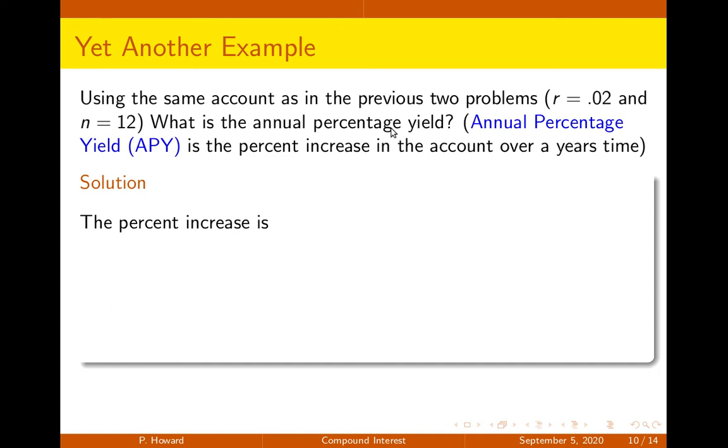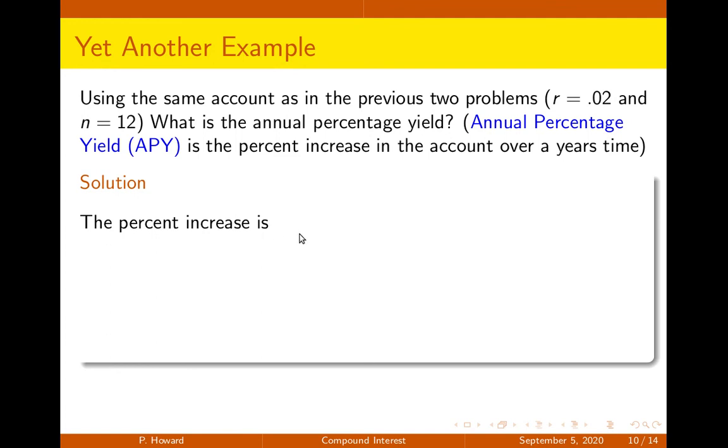So we are looking at this account that paid 2% annual interest and was compounded monthly. So I want to calculate the percent increase in the account over a year's time. Not 2%. The compounding will mean that the annual increase is a little bit more than 2%.